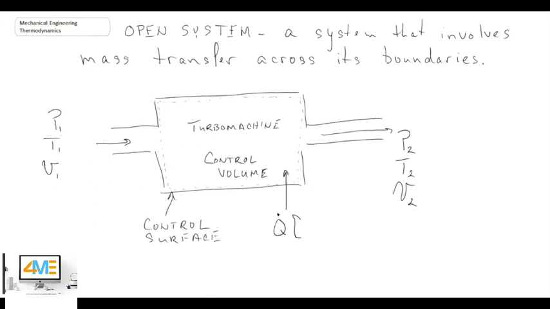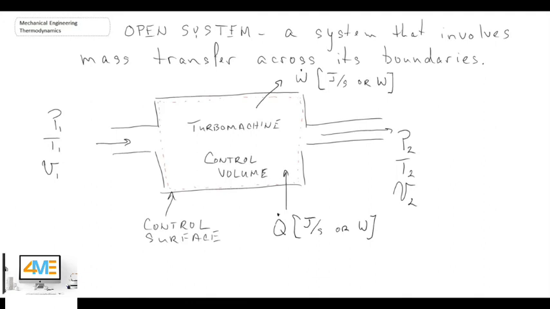So the units of this, unlike for the fixed mass system where it was joules, here it will be joules per second because it's a rate, or sometimes we refer to that as being a watt. And at the same time, we can have work crossing the boundary, again a capital W with an over dot, and the units are joules per second or watts.